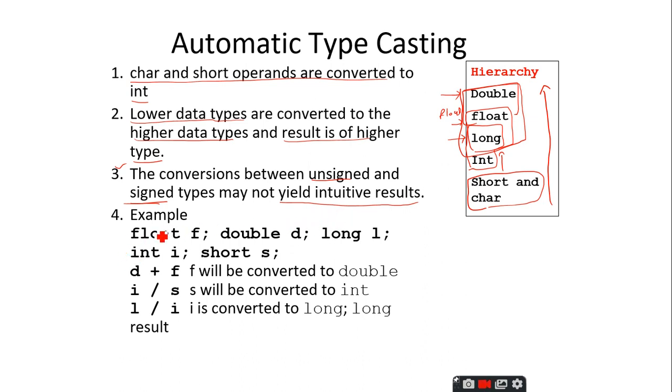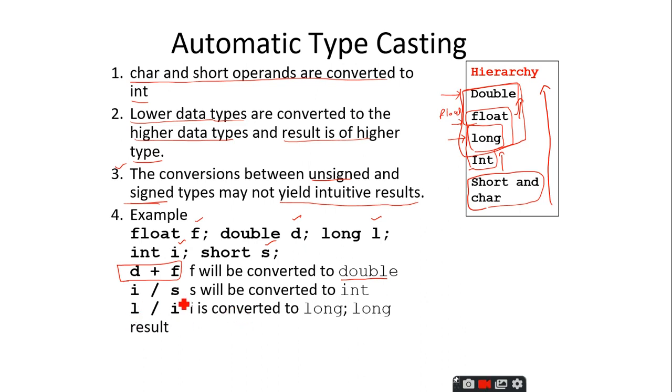Here he is giving some examples: f is a floating point variable, d is a double variable, l is a long variable, i is integer, s is short. D plus f, d stands for double and f stands for float. So, the lower order float will be automatically converted to double. So, the result will be double here.